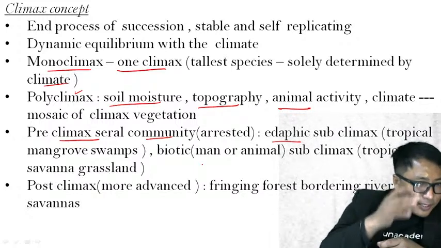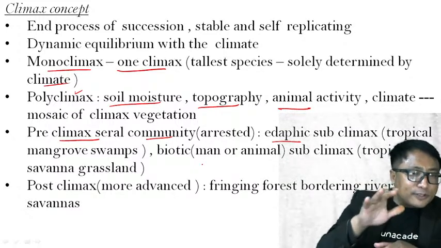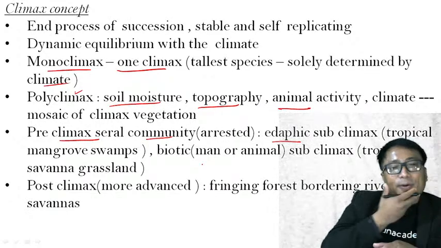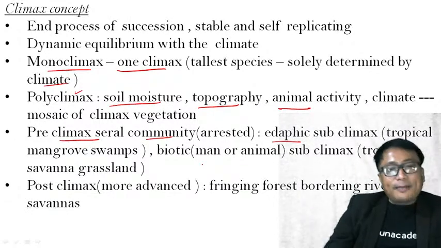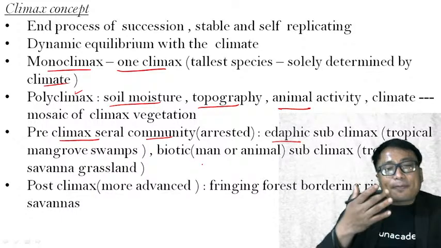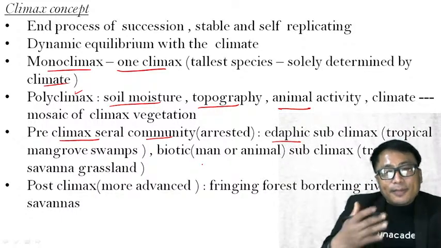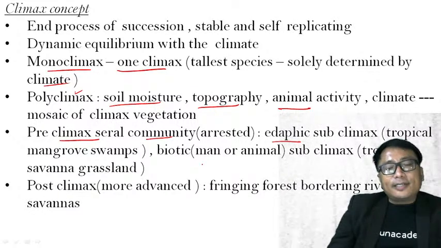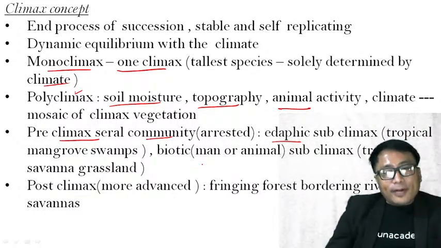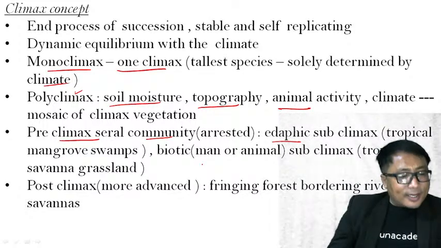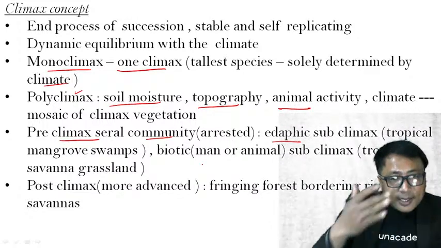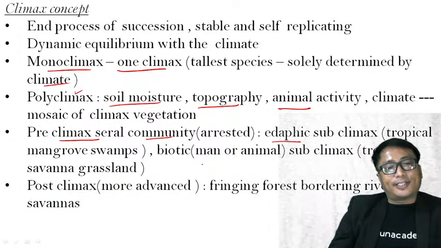It means I am removing the arresting factor, that is the absence of the soil. So this tropical mangrove swamp can be an example of edaphic subclimax. It can be biotic, that is, if it is interrupted by man or animal. Subclimax like tropical savanna grassland is also in a subclimax stage.